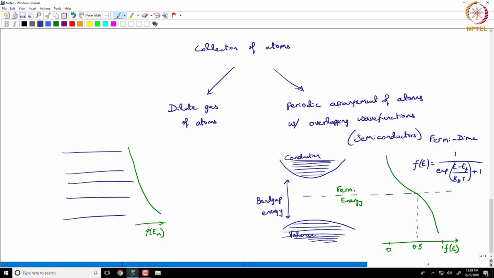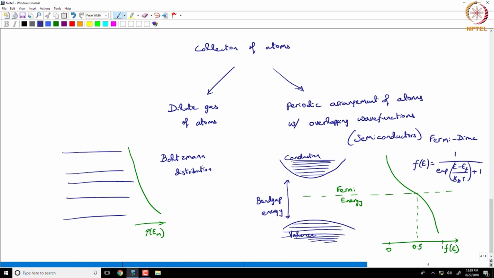So in a dilute gas you have the Boltzmann distribution that describes the number of atoms in an excited state.